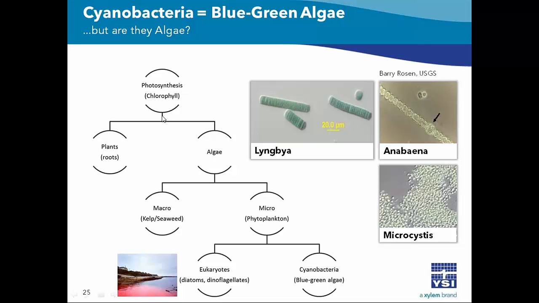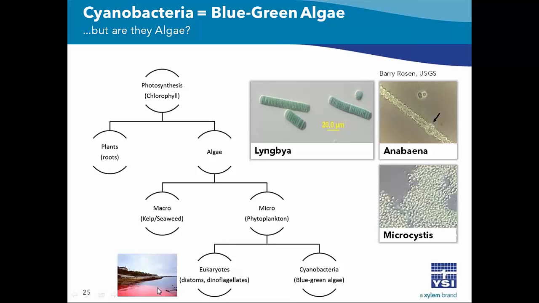I mentioned earlier that these are obviously photosynthetic organisms, like plants, but algae are a different type of photosynthetic organism that we often divide into macroalgae and microalgae. And those microalgae include a lot of things.